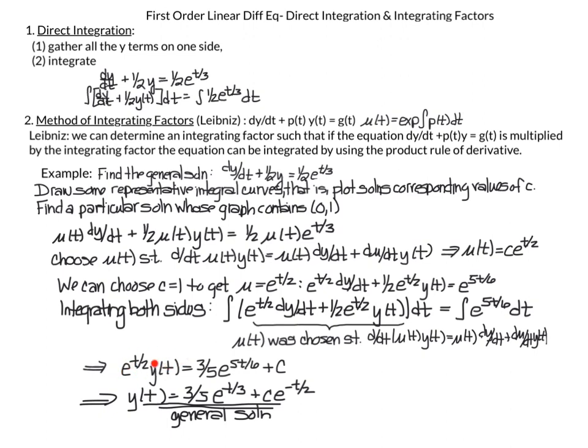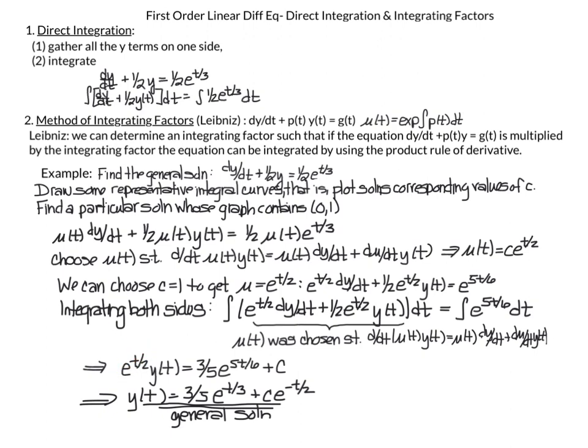And then we can verify, just looking at this, if we take the derivative of e to the t over 2 y of t, by the product rule that's going to be equal to e to the t over 2 times the derivative of y of t, which is right here, plus y of t times the derivative of e to the t over 2.